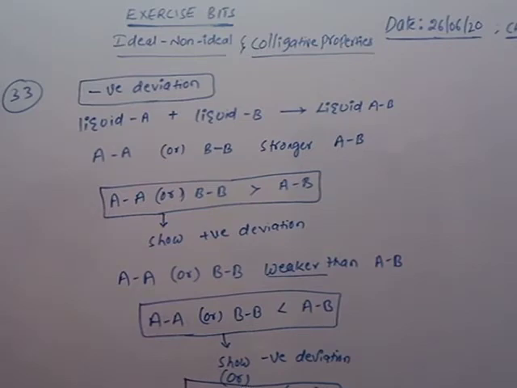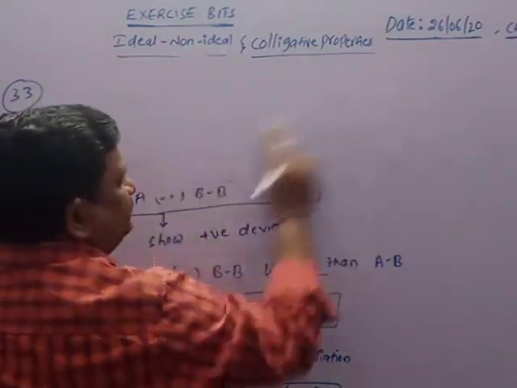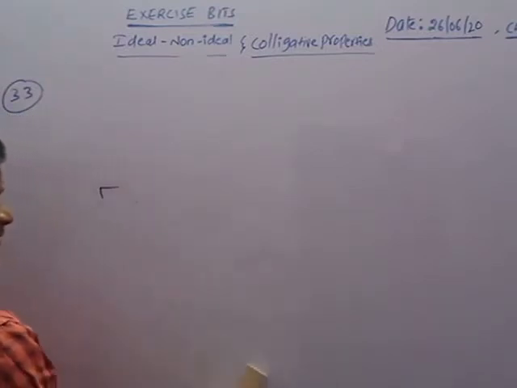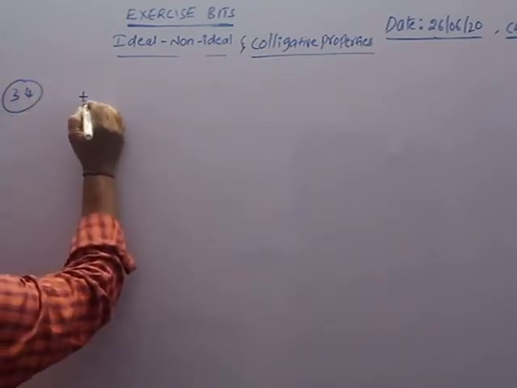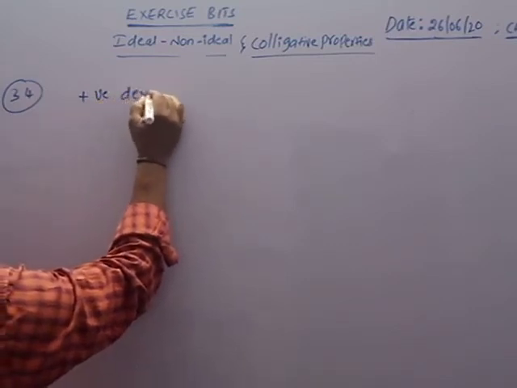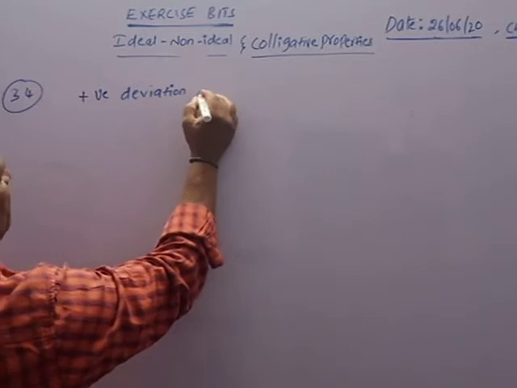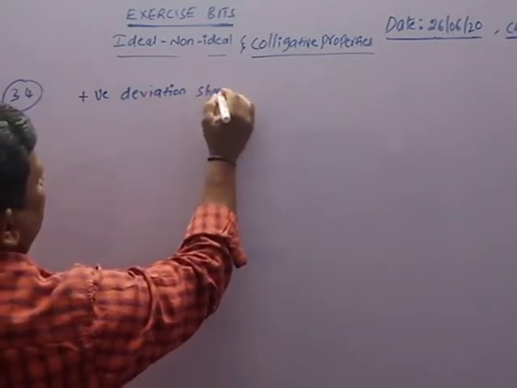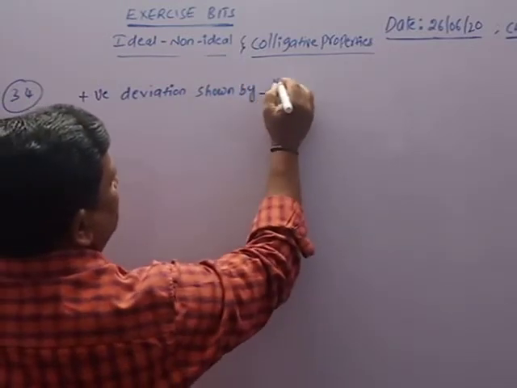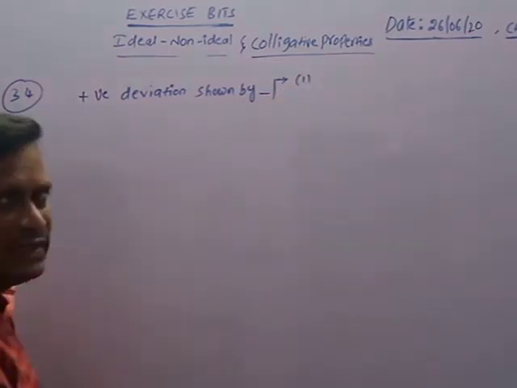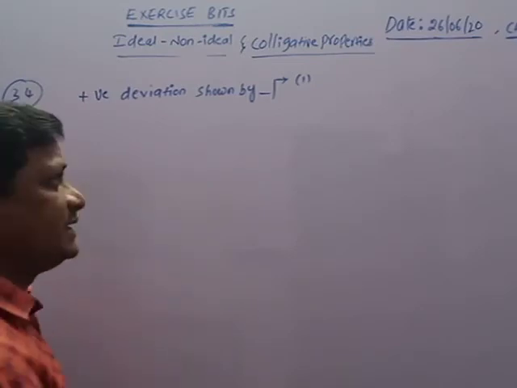Positive deviation is shown by, first, ethyl alcohol and N-hexane, normal hexane.